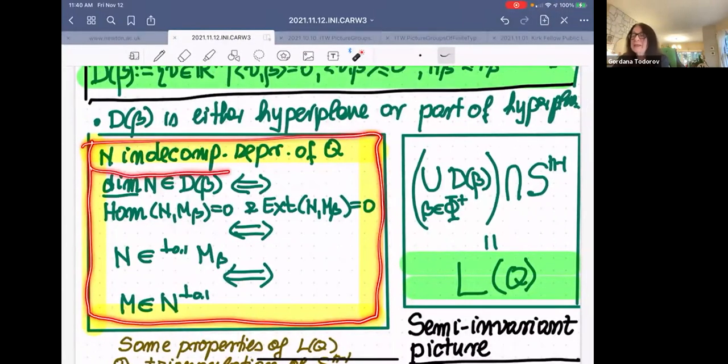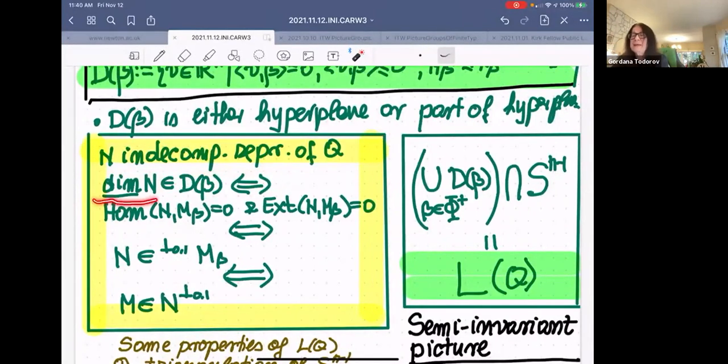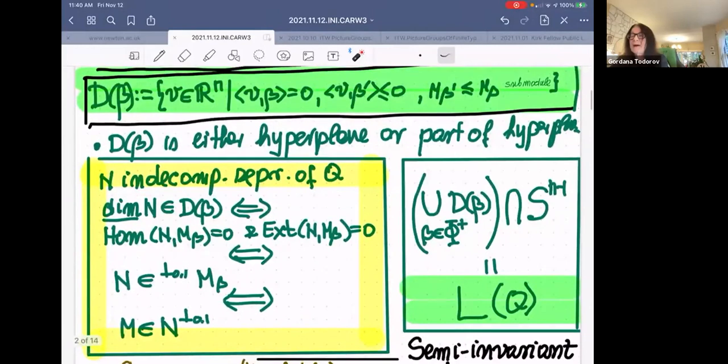If N is an indecomposable representation of Q, then dim N, the dimension vector of N, will be in d beta as I defined above, if and only if Hom of N and M beta is 0, and Ext of N and M beta is 0, meaning that N is in the left perp of M beta, the Hom and Ext perp. So when I put perp and 0 and 1, it means Hom and Ext perp.